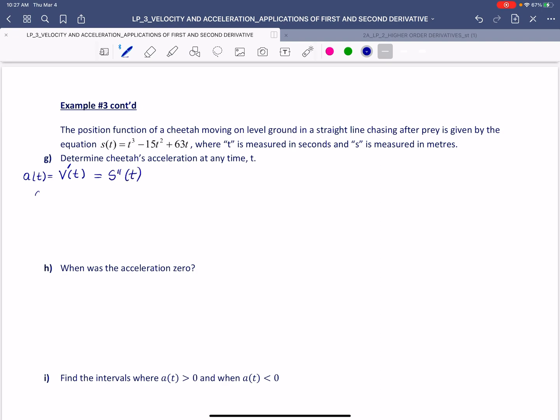So s prime would equal 3t squared minus 30t plus 63. s second will be 6t minus 30. This would represent the acceleration equation. A(t) equals 6t minus 30.